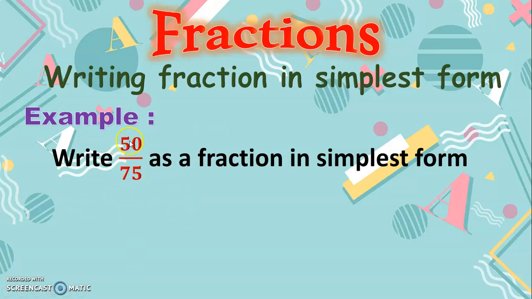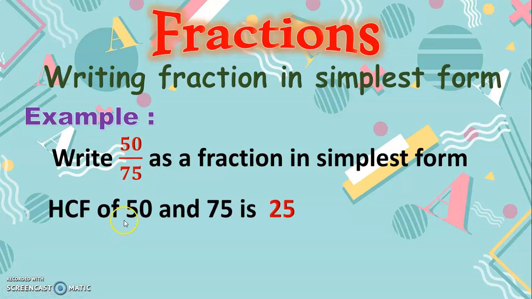After you get the factors of 50 and 75, you need to find the highest common factor. I don't need to show you the factors, but the highest common factor of 50 and 75 is 25. After you get the highest common factor, what you need to do is divide the numerator and the denominator in order to simplify.